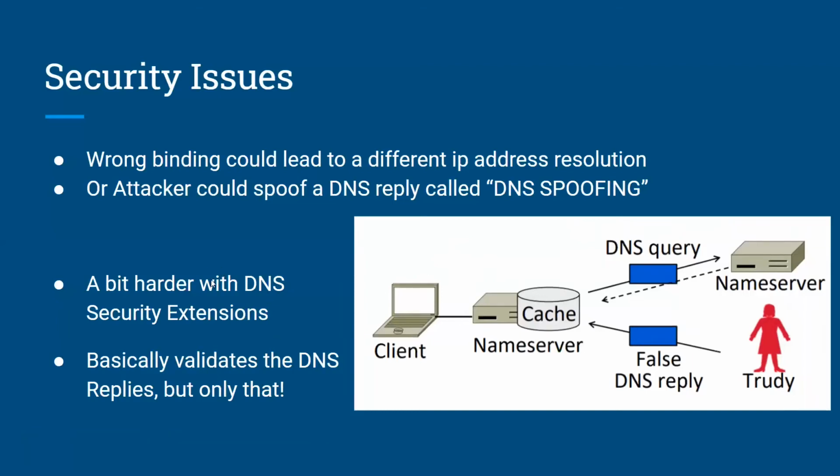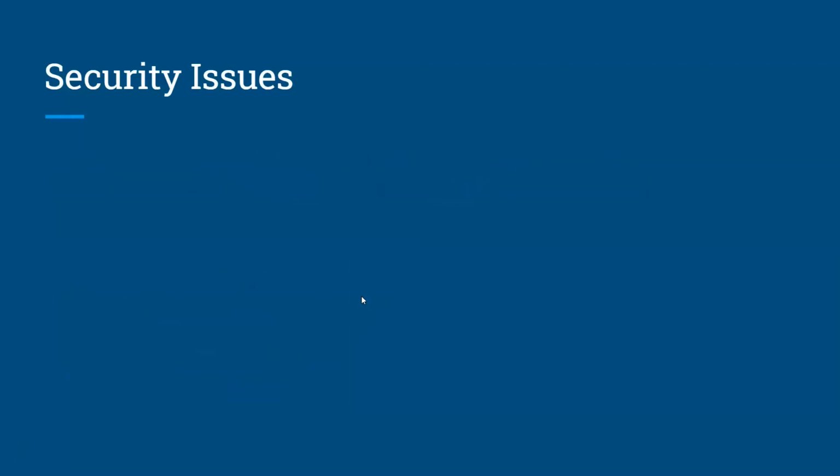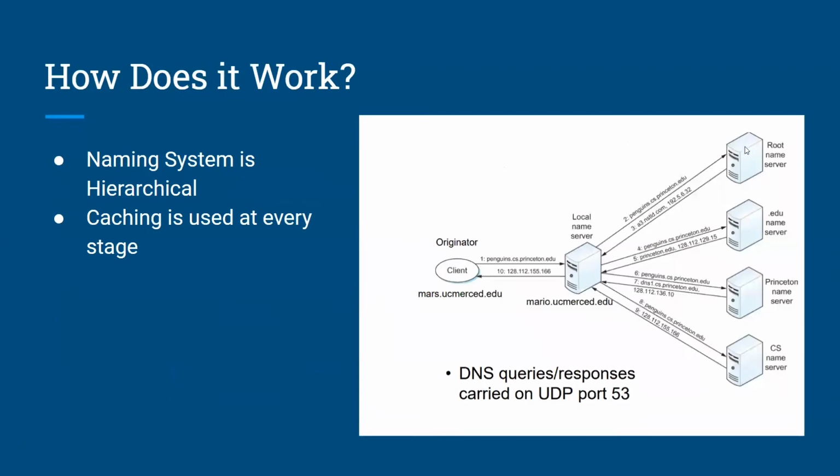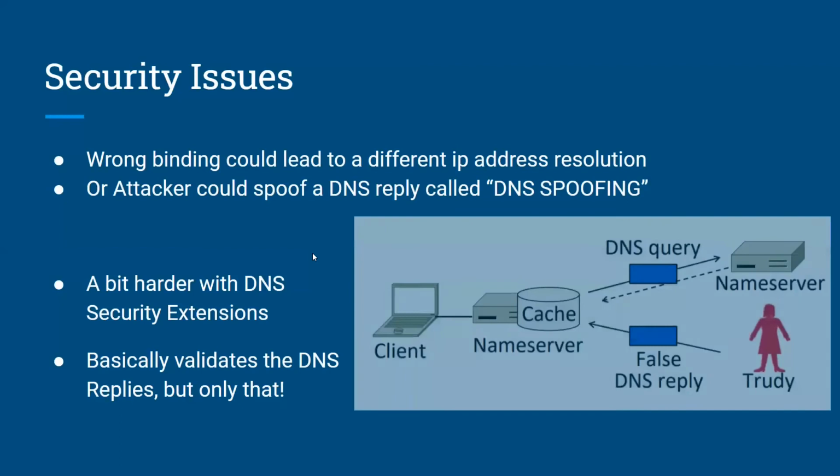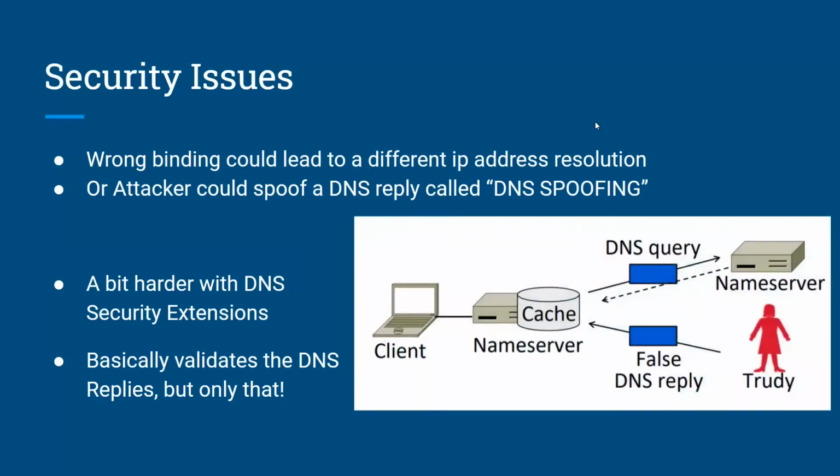This becomes harder with the DNS security extensions. Basically, at every step, one gives the public key of the next one, and then so on. And that's to protect against a man-in-the-middle attack. And that's through SSL. That's where, on the URL, it says HTTPS, HTTP secure.